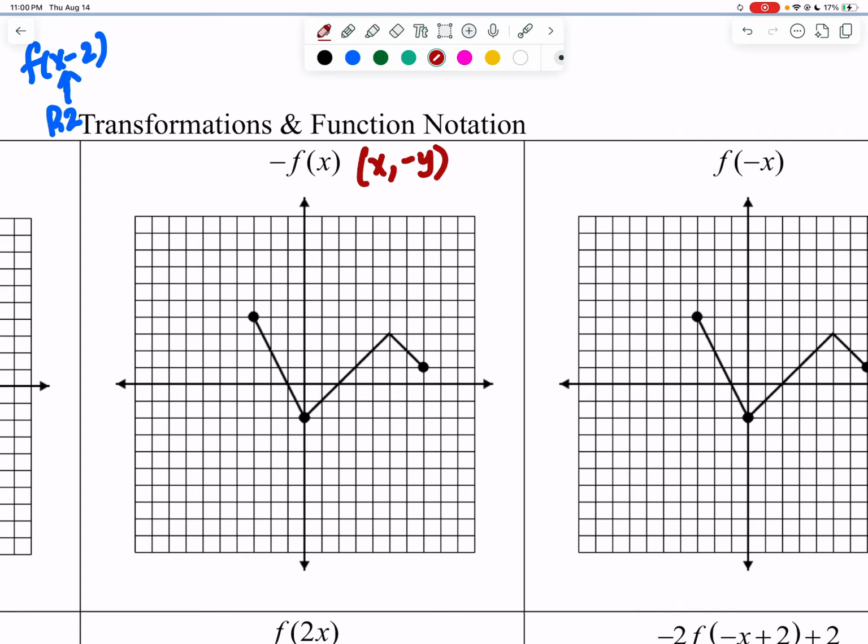So (7, 1) becomes (7, -1). (5, 3) becomes (5, -3). (0, -2) becomes (0, 2). And then (-3, 4) becomes (-3, -4). And then you plot your points.